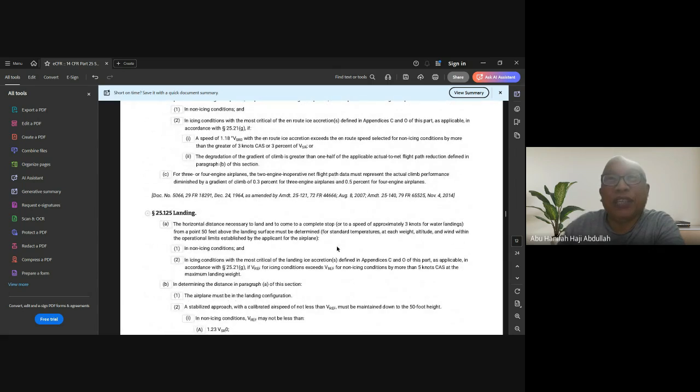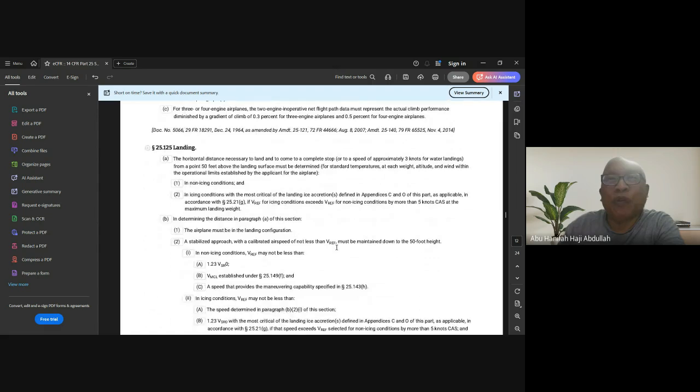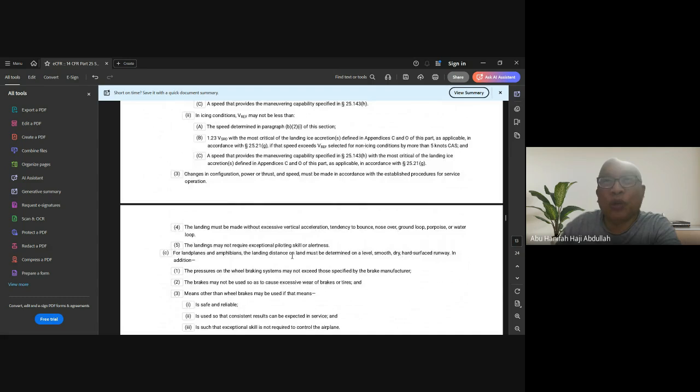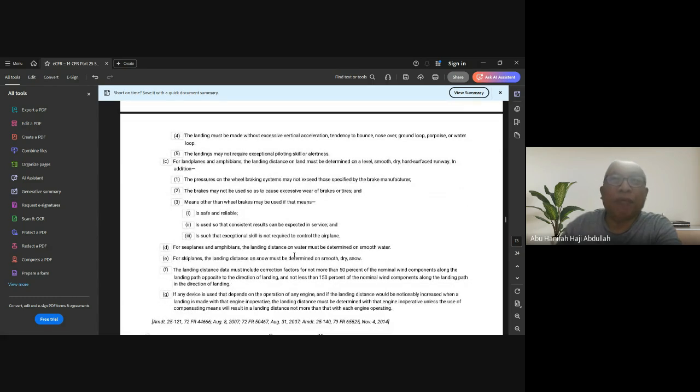Landing condition, icing, non-icing, and then how to approach and what your speed is, everything. So that's why this costs a lot of money and is very extensive. We do this first before we do anything else. This is the first thing we do in developing an aircraft, Subpart B first.